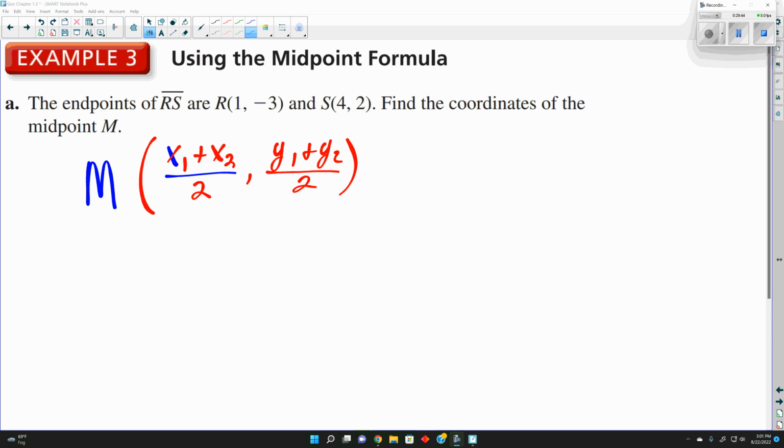The midpoint is just this definition. To find the x value of the midpoint, we're adding the 2 x values together and dividing by 2. What are the two x values for our two endpoints, R and S? One of them is 1, and the other is 4.